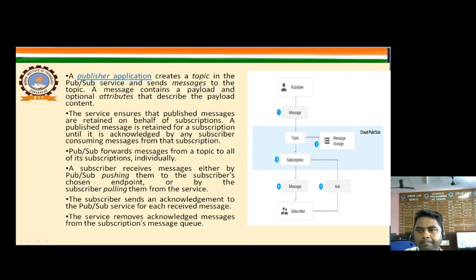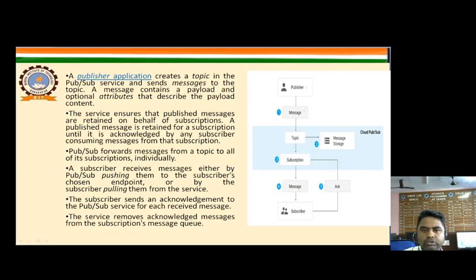First, a publisher application creates a topic in the Pub/Sub service and sends a message to topic A. A message contains a payload and optional attributes that describe the payload content.